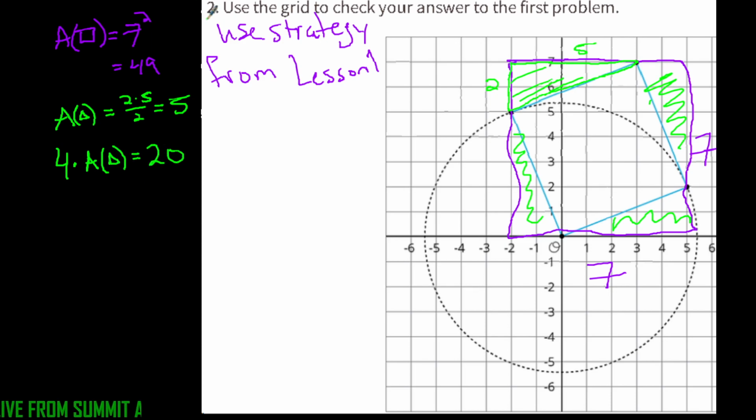So if I know the area of the big square minus the area of the small triangles, I can do 49 minus 20, and that's going to be 29. I was trying to estimate the side length, so this is the area of the blue square.